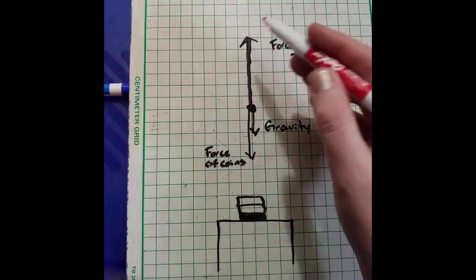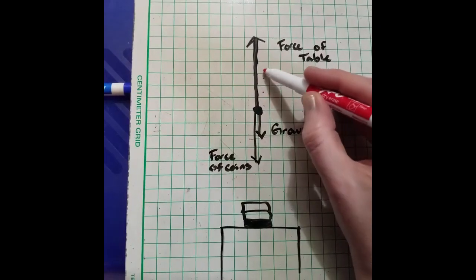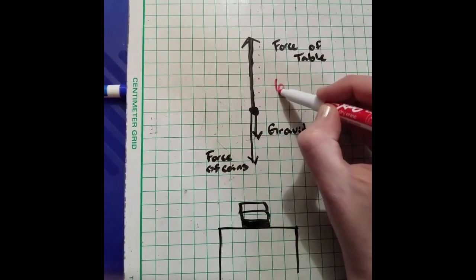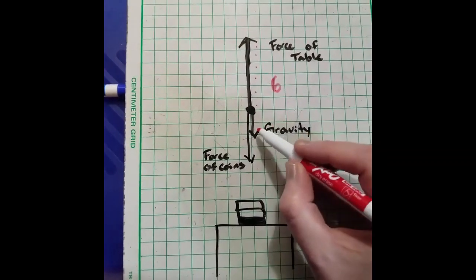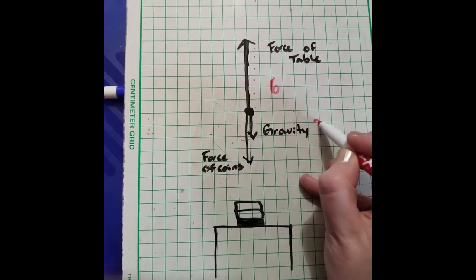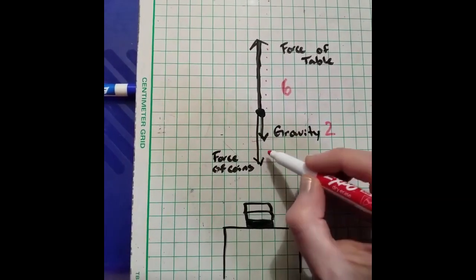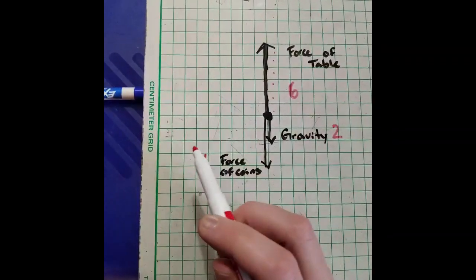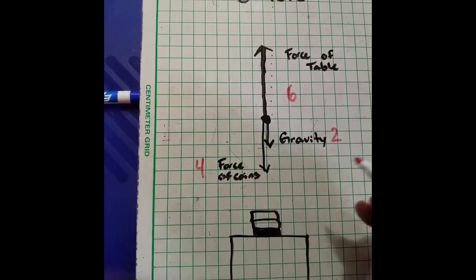I've shown this on this diagram by the fact that I have 6 squares for the length of the arrow going up, and I have 2 for gravity going down, and 4 for the force of the coins going down.